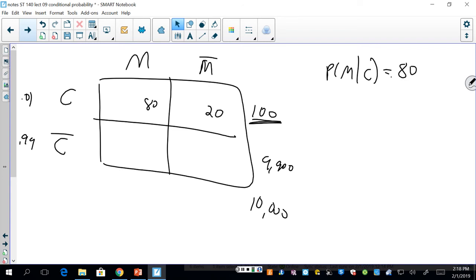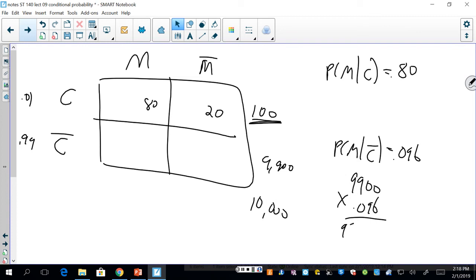And then out of these 9,900, the probability of a positive mammogram if women do not have cancer was 0.096. So if you took 9,900 times 0.096, you get some number. No, that's not quite right.